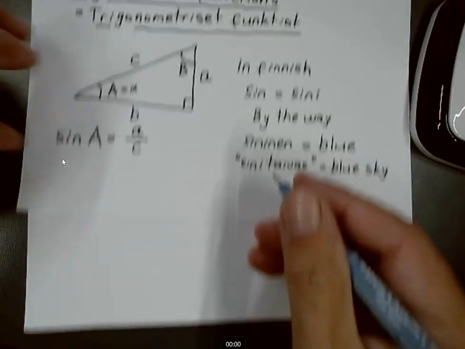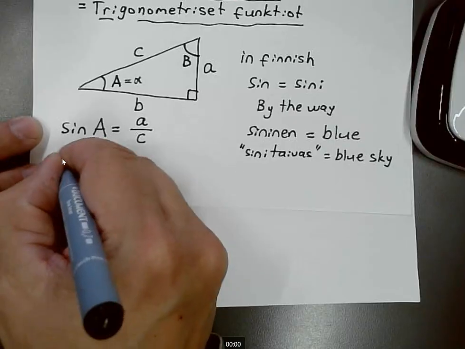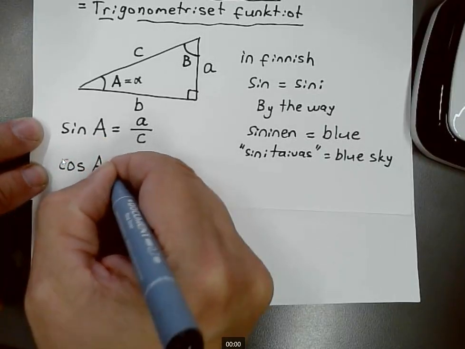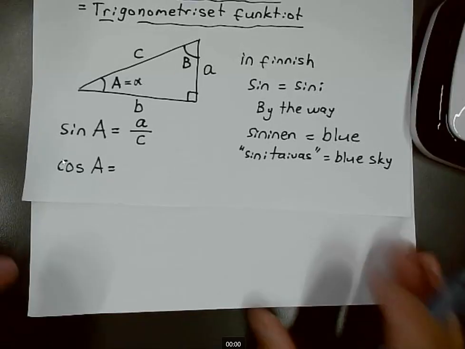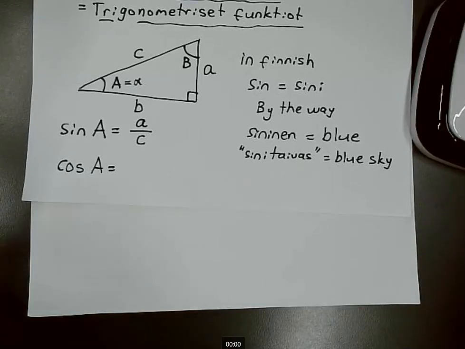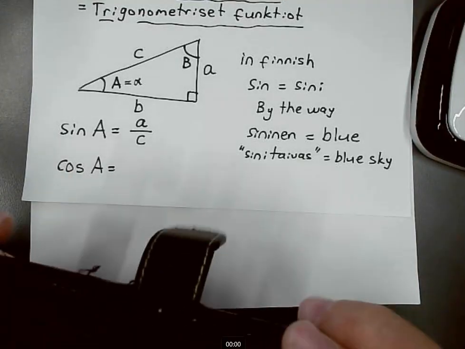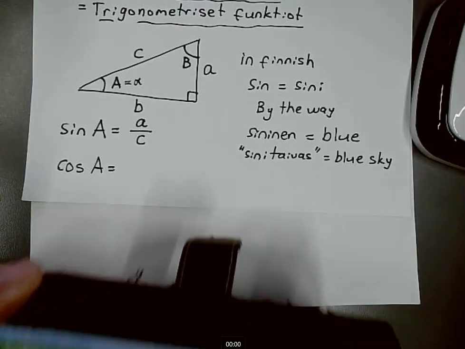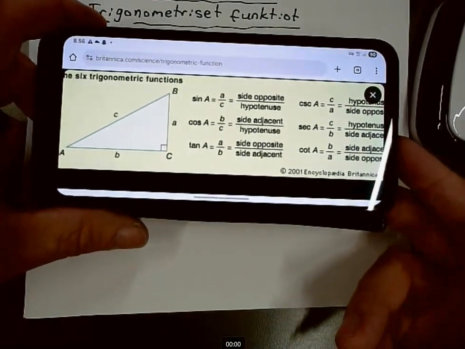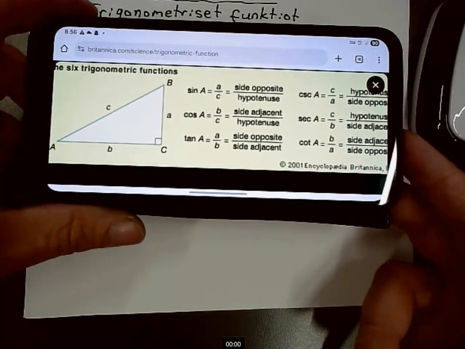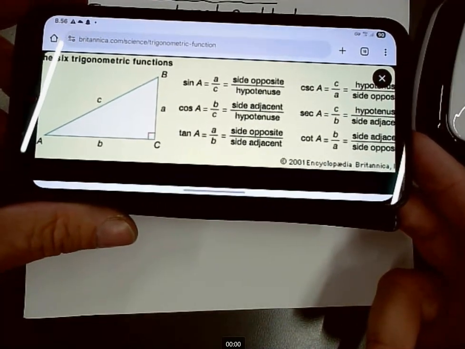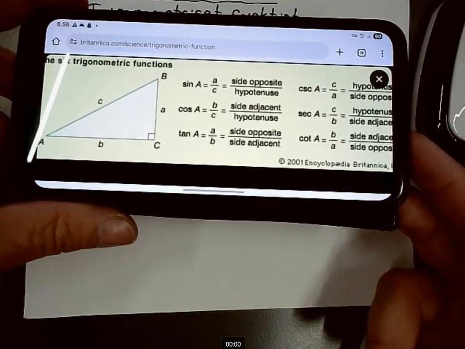And then we have cosine. It was said in this table or this formula here, which I robbed from the internet, that cosinus A equals B divided by C, or adjacent side divided by hypotenuse.